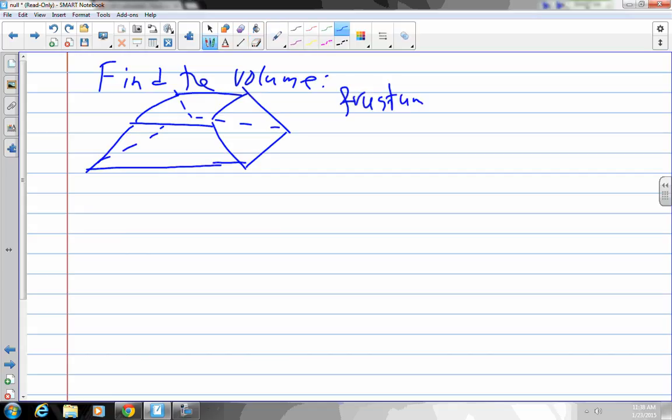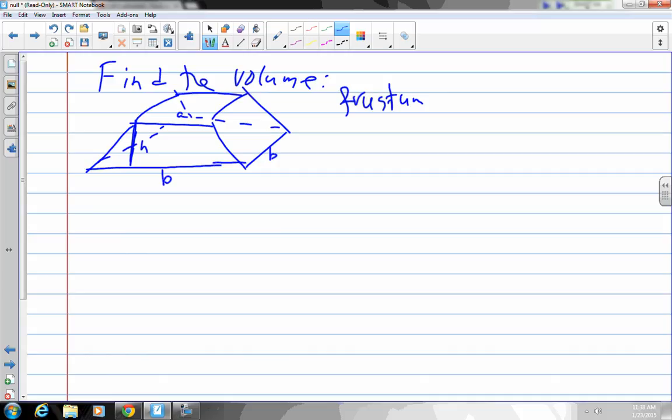Now we're going to have a square base. So base, base. So this is the B, this is the A, and this is the H, the height. Okay, we'll define it like that.